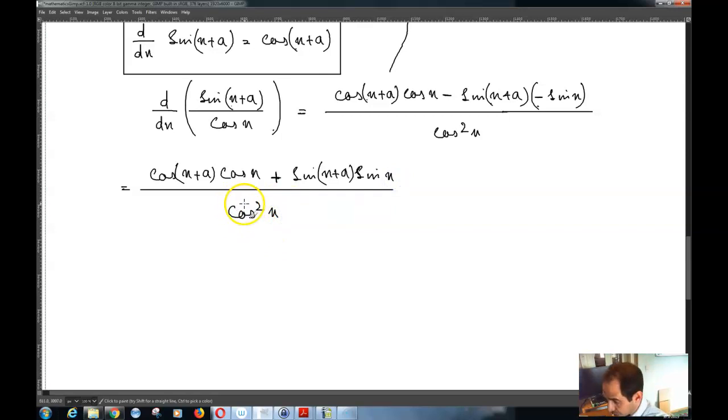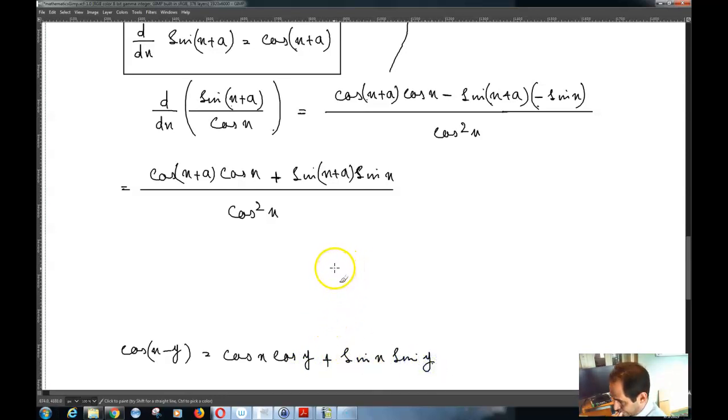Now you know that cos of x minus y is equal to cos x cos y plus sine x sine y. Here you have cos x cos y plus sine x sine y, with the exact same angles.